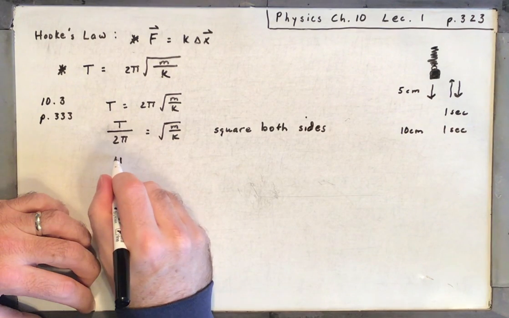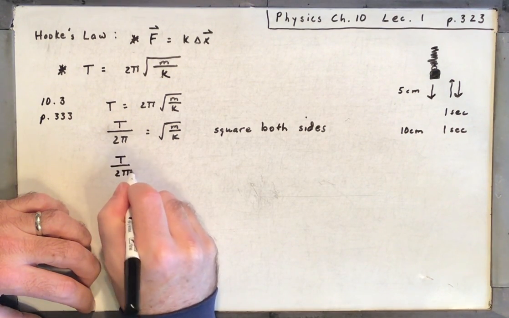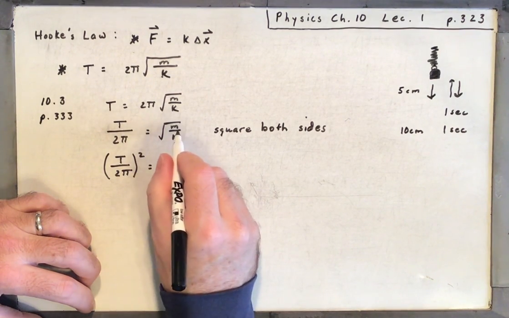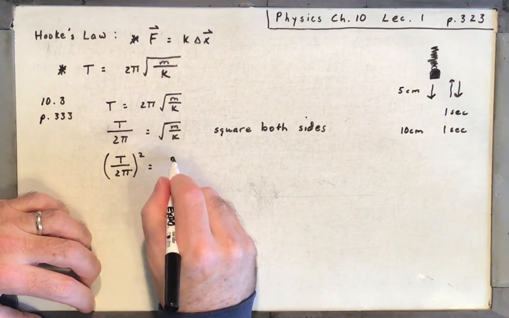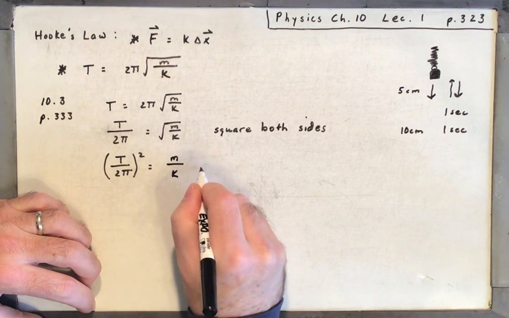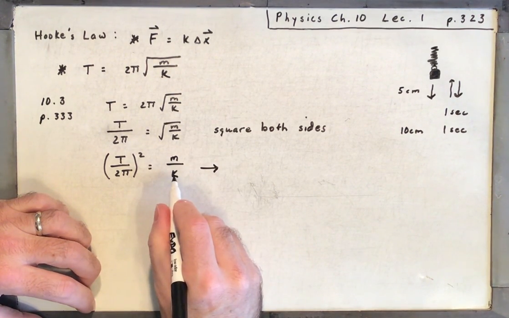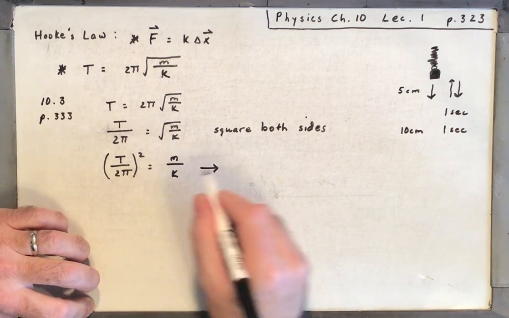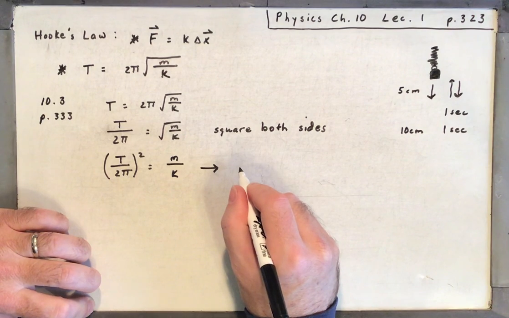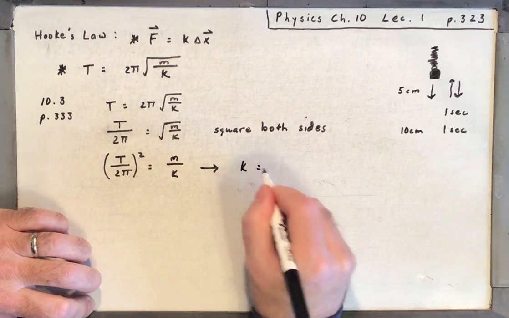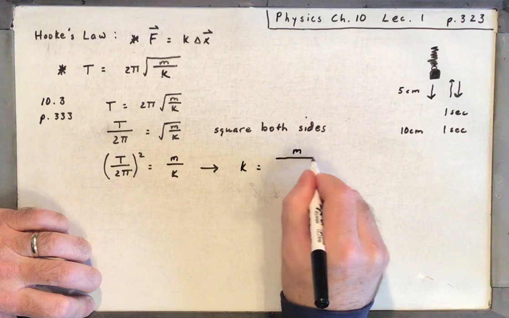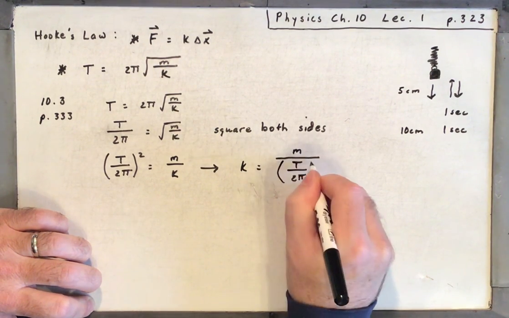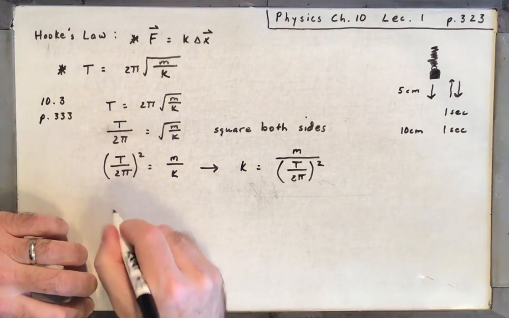If we do that, we would have T over 2 pi all squared, and then the radical lifts when you square this side, and you just have m over k. Now solving for k, if we multiply both sides by k, that'll eliminate the k on the right side, and you would have k is equal to the mass divided by this quantity T over 2 pi all squared. Don't forget to square that.